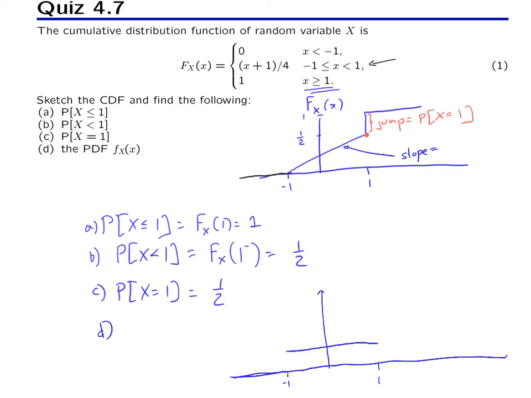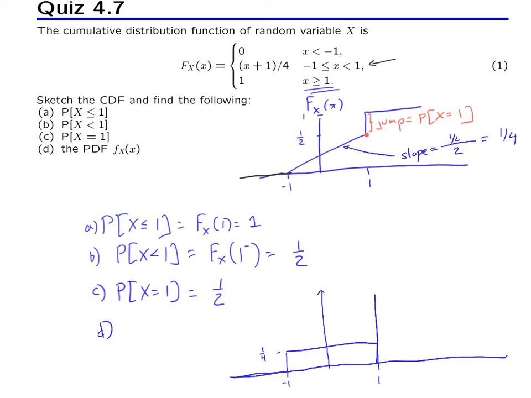The slope is equal to 1/2 divided by 2, because the interval is from -1 to 1. So the slope is 1/4. So this is 1/4. And then at 1, we see that there is a discontinuity, a jump, and the height of that jump is 1/2.